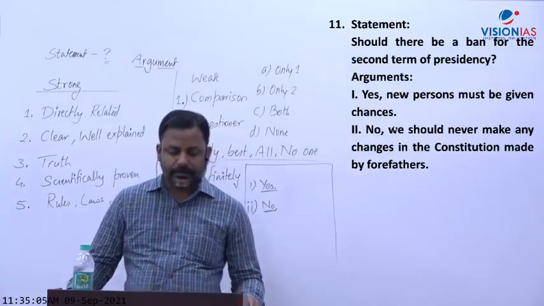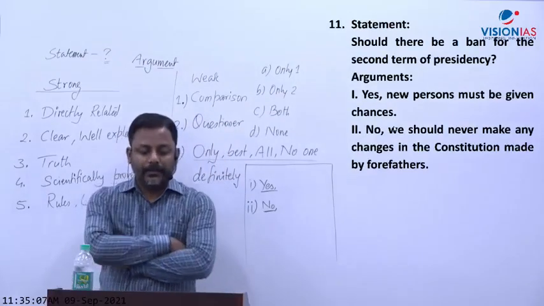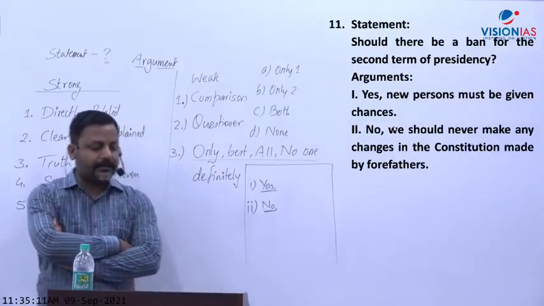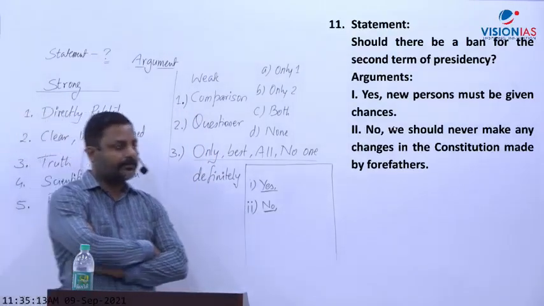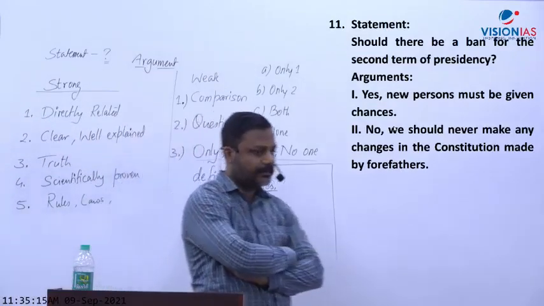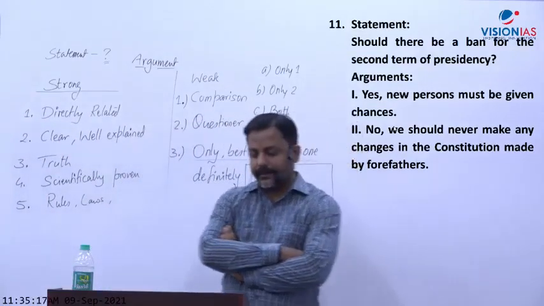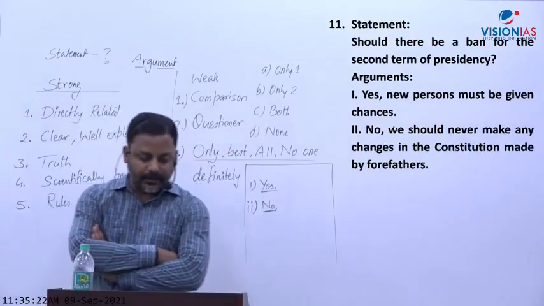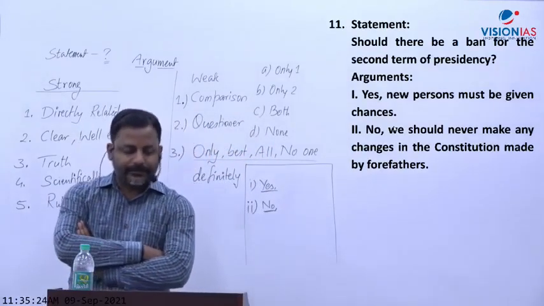Now, statement number 11. Should there be a ban for the second term of presidency? Yes. New persons must be given chances. And second is, no, we should never make any changes in the constitution made by forefathers.